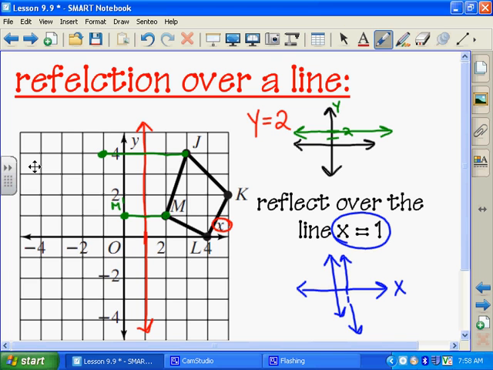And then I have K, and K is 1, 2, 3, 4. So then I go 1, 2, 3, 4, and that is K prime. Now I connect my dots, L, M, J, and K, and I have reflected that quadrilateral over this x equals 1 line. And then you're done.